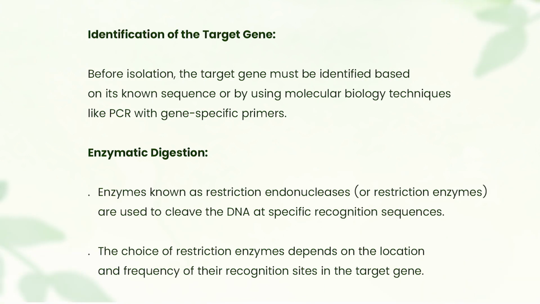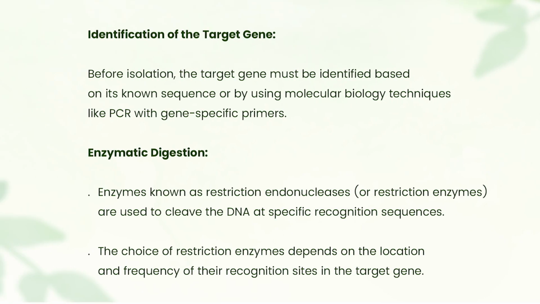Then we will identify the target genes. So, how to identify the target genes? Before isolation, the target gene must be identified based on its known sequence or by using molecular biology techniques like PCR with gene specific primers.